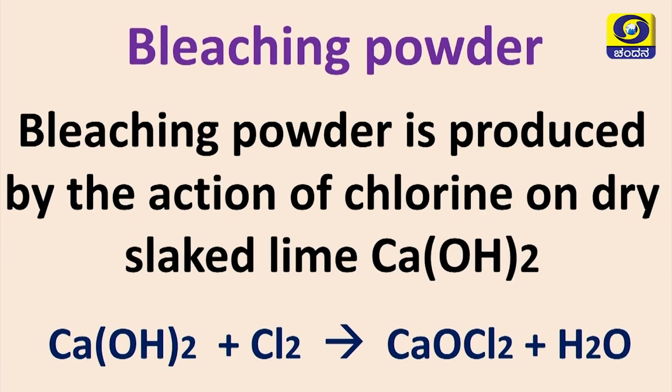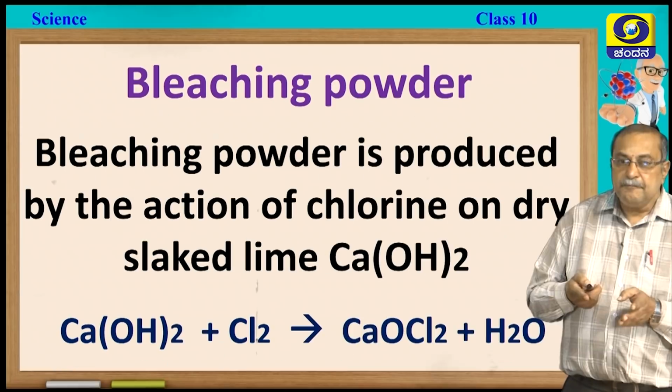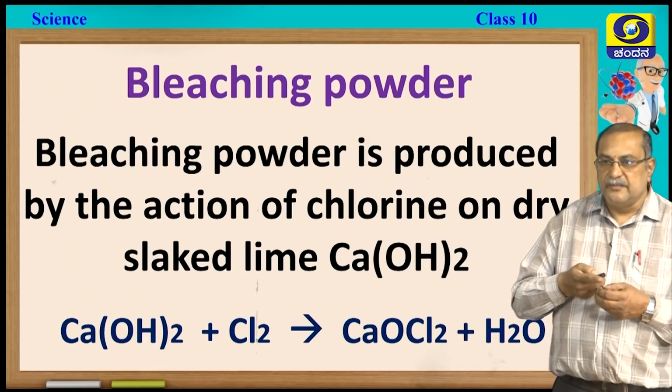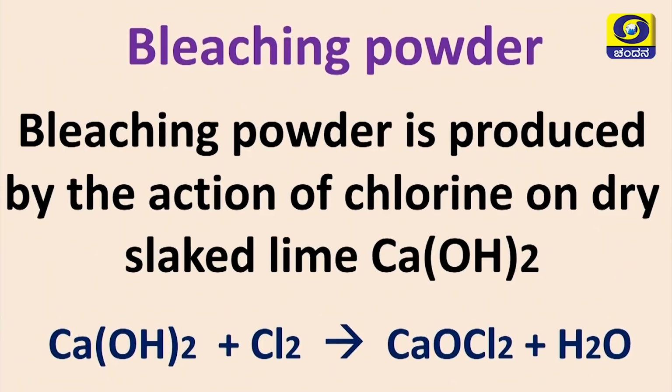When treated with chlorine, it forms calcium oxychloride plus H2O, that is, water is going to form, not hydrogen, water. Once again, Ca(OH)2, calcium hydroxide, plus chlorine react with each other to form calcium oxychloride and water is released. This calcium oxychloride, that is CaOCl2, is bleaching powder.